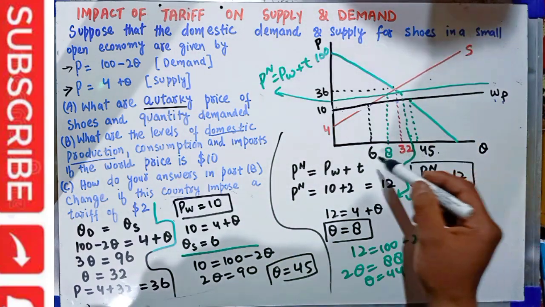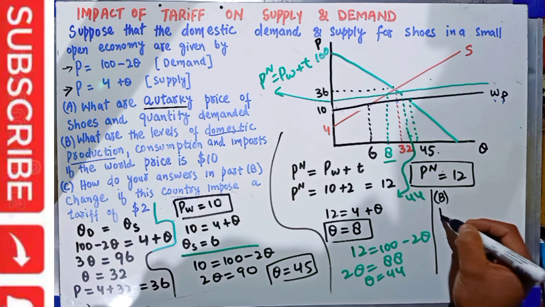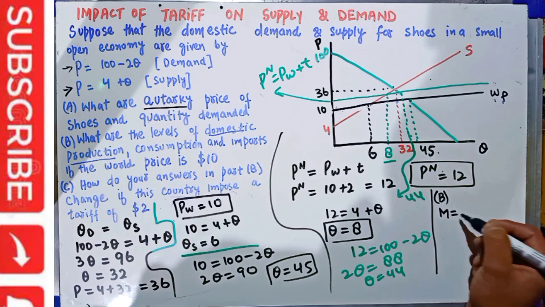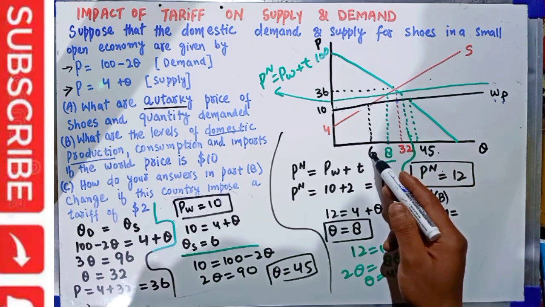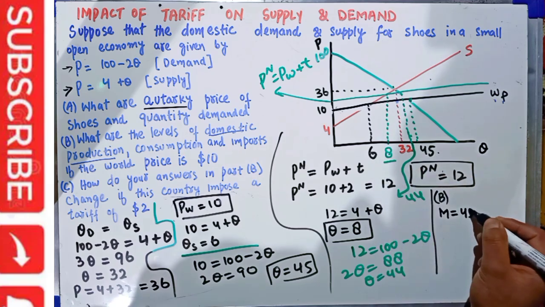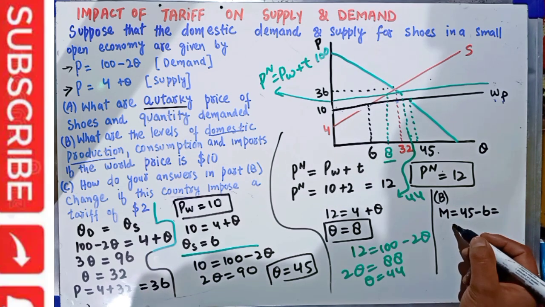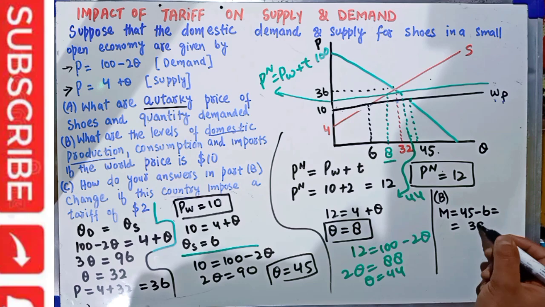So imports, let us denote them by M, will be equal to 45 minus 6, which is equal to 39.